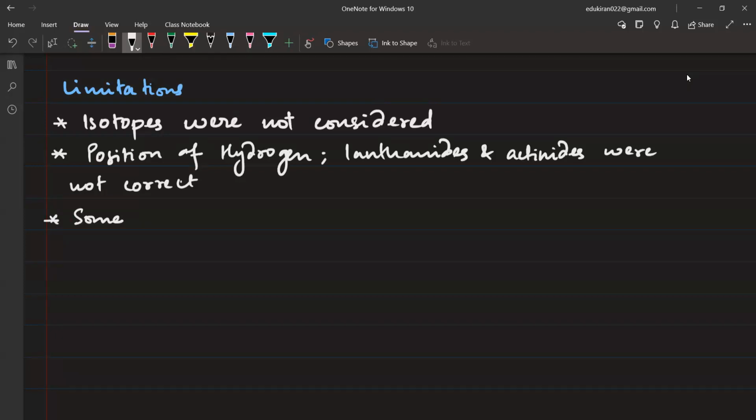Last is some similar elements were placed in different groups.